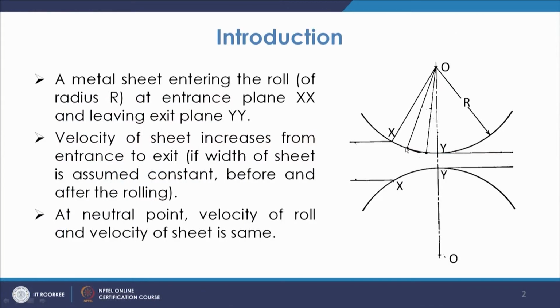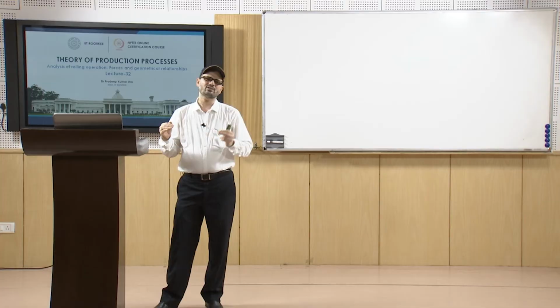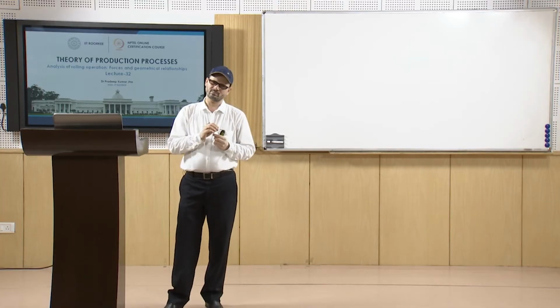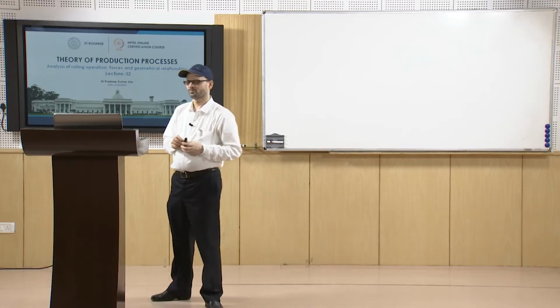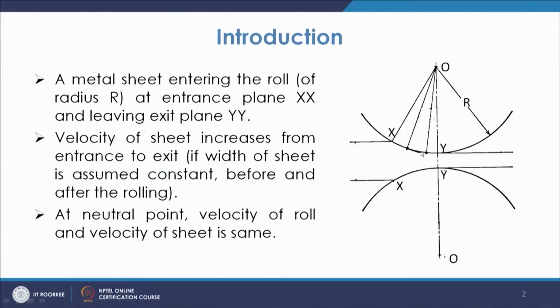So, you have this force. Another force is in this direction, tangent to the roll surface, and that force is the component of the frictional force, F here, because there is a movement of the two surfaces.